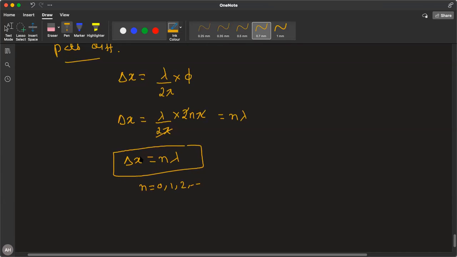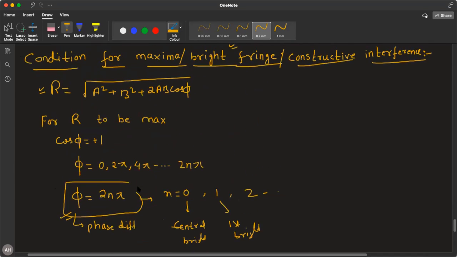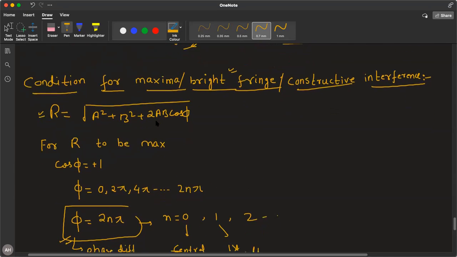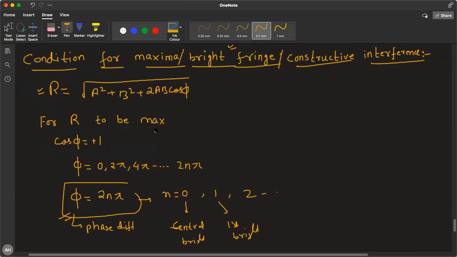This is delta x, the path difference. So now we have the path difference and phase difference for maxima. Then we will try to calculate the amplitude. Do it and tell me if you have doubts in any step.